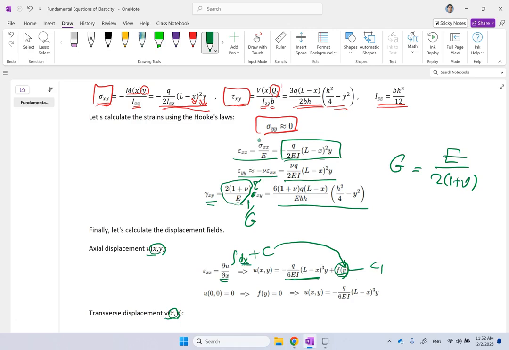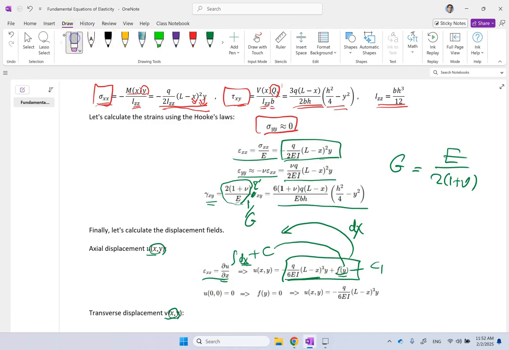If you integrate with respect to y, the constant term is going to be a function of x. Because if you go back and take the partial with respect to x from here, you're going to get this guy back. This has no derivative with respect to x. So that is your u function.